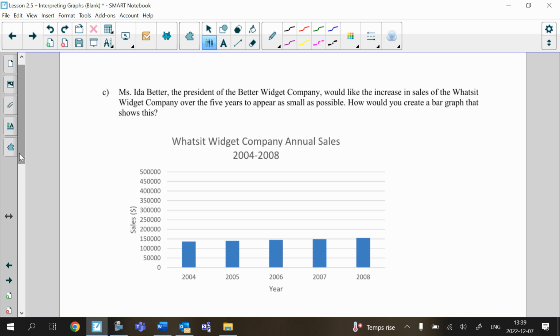So how do you create a bar graph using this? Make your vertical scale range wider. Okay. So make the vertical axis scale range, I won't say wider, larger.